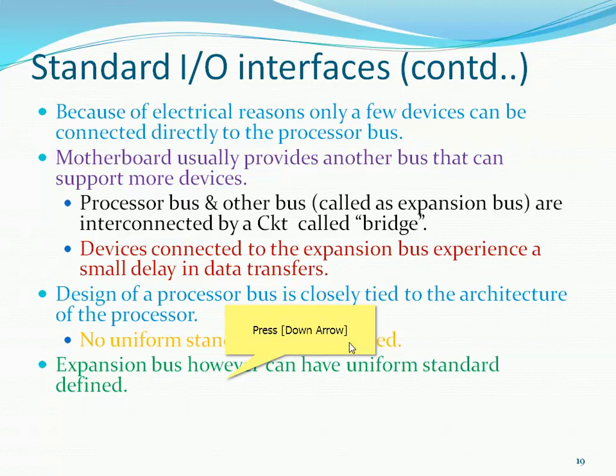Otherwise, everybody would design their own bus, and plug and play would be quite difficult. A lot of commercial aspects are involved, and they might not get a huge business. So commonality has to be arrived at, and that commonality will come only from a standard, not from a non-uniform design. So a uniform standard should be there.